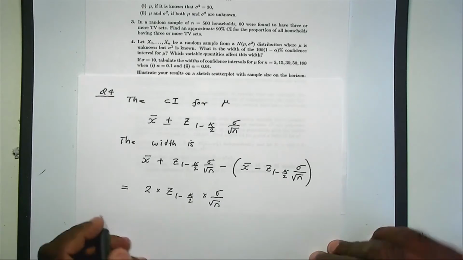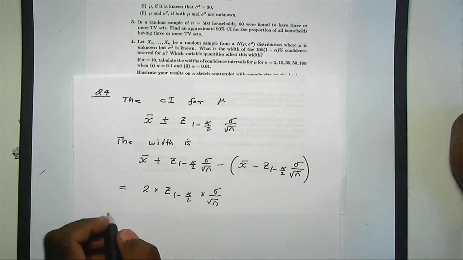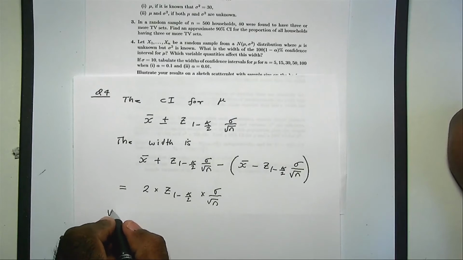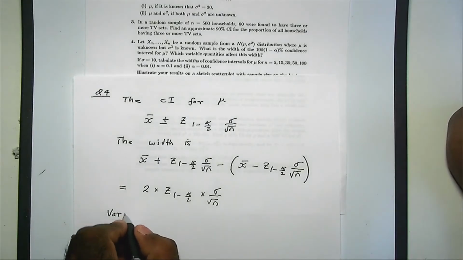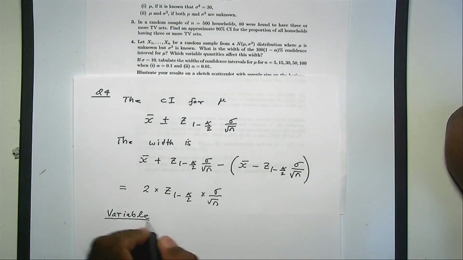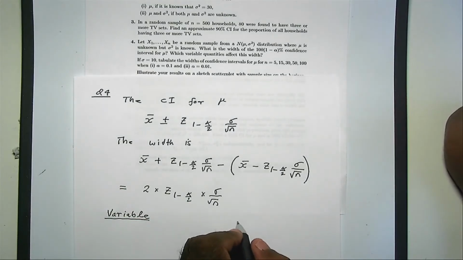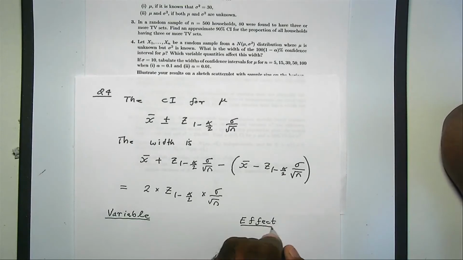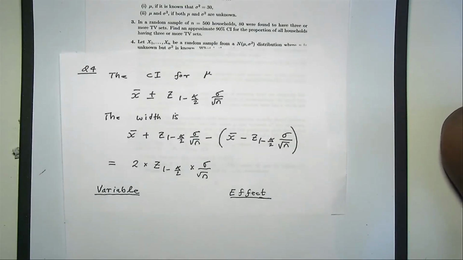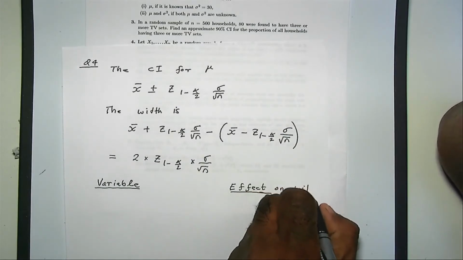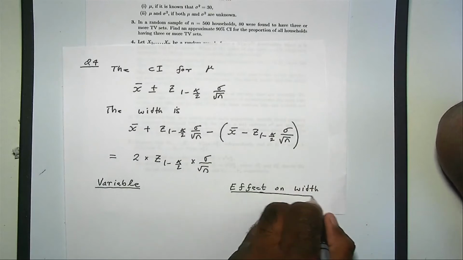So let me create a column called variable, and let me create another column called effect, how the width is affected, the effect on width.